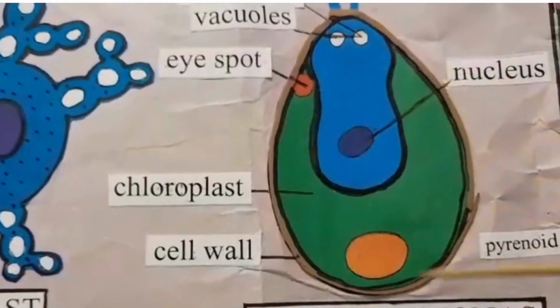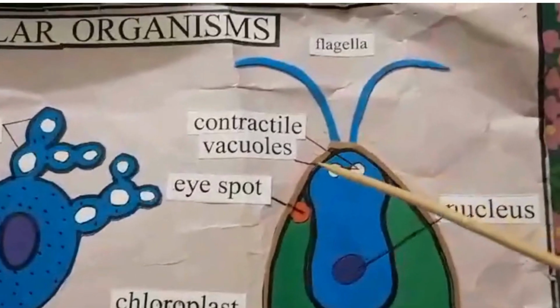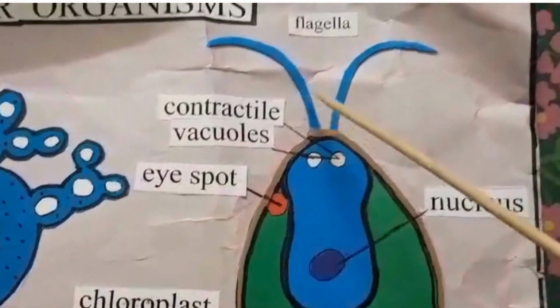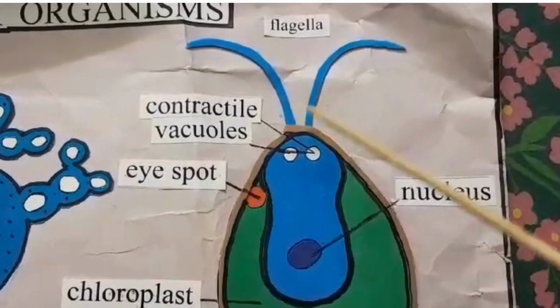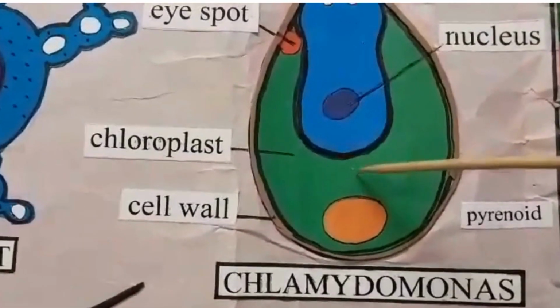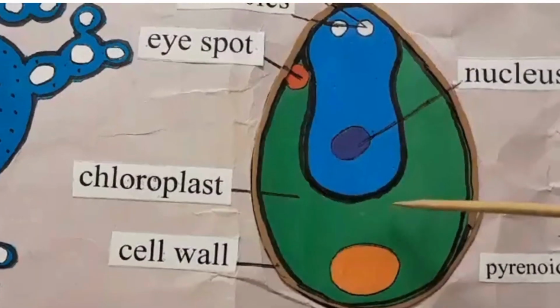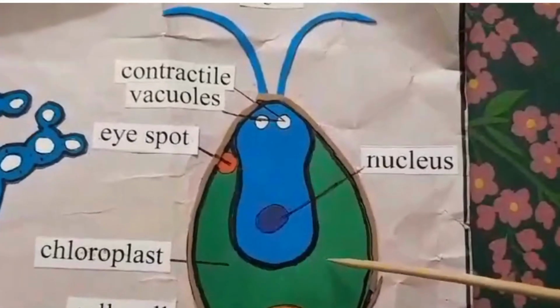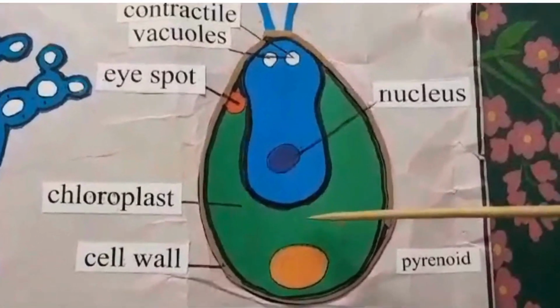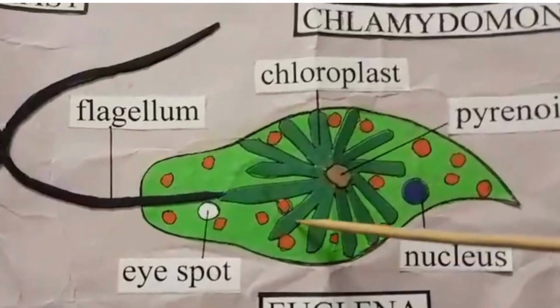Through its pear shape and the flagella used to move this unicellular organism, you can identify Chlamydomonas. Chlamydomonas is a unicellular plant.